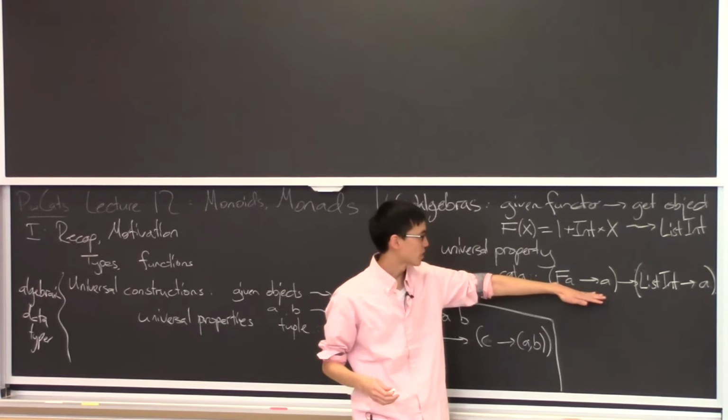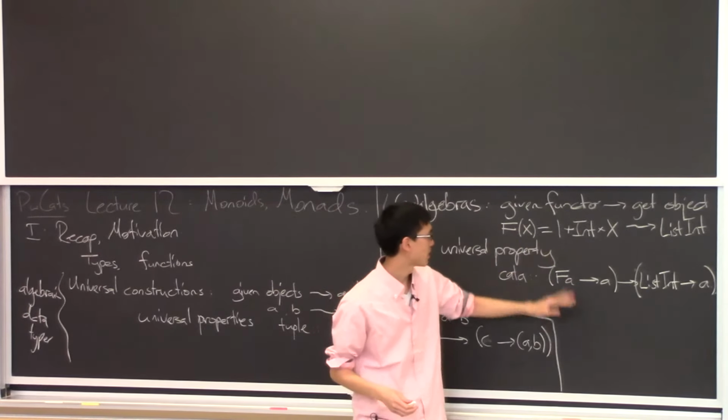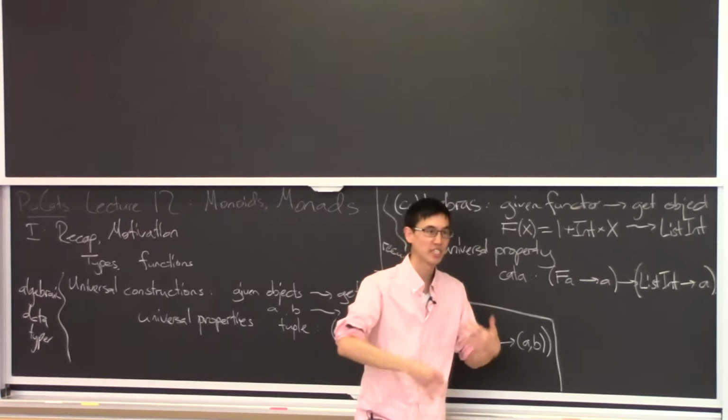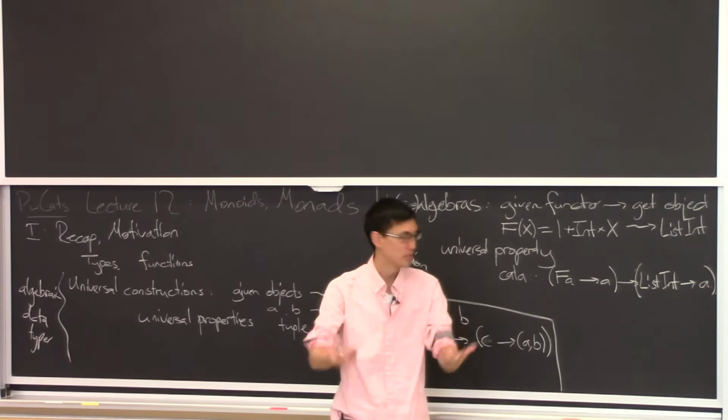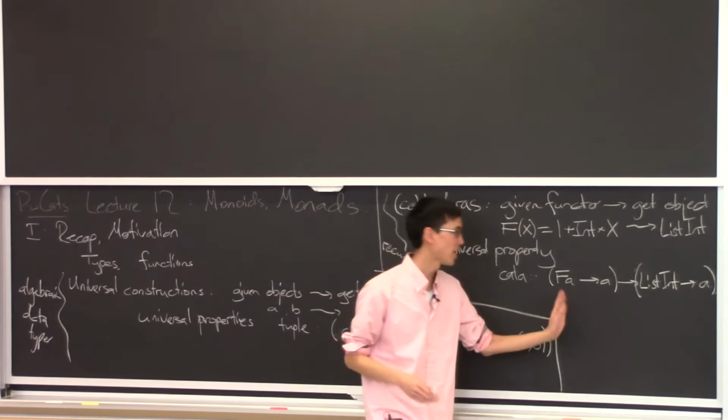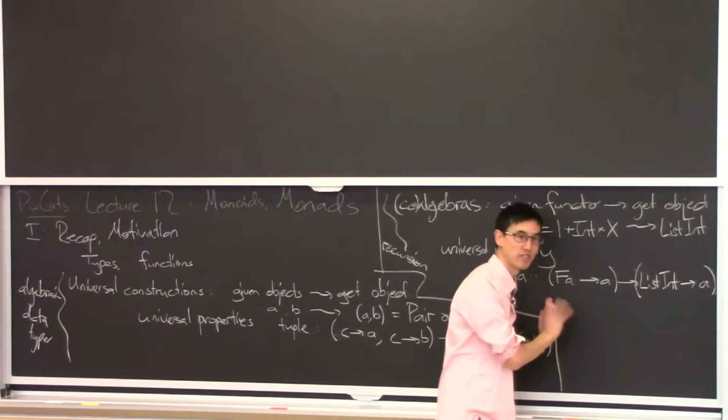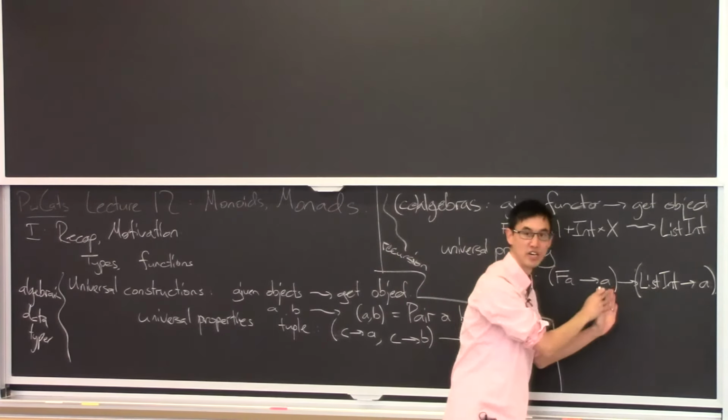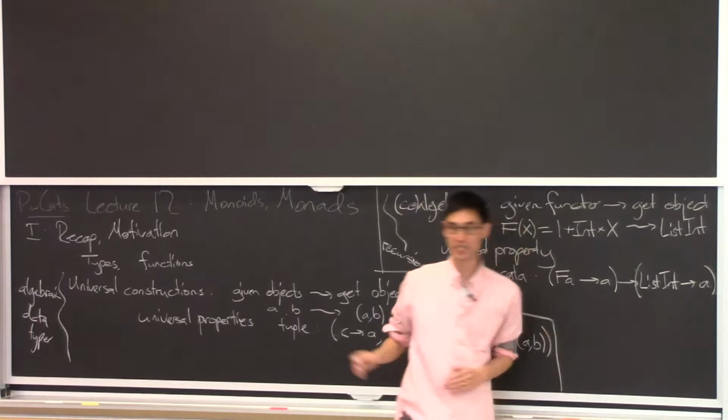But what's going on here is that an algebra is expressing some sort of one-step computation or evaluation for this recursive type. And this notion of catamorphism lifts it to a recursive function over this entire list.